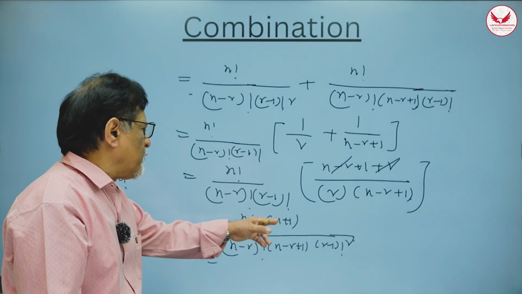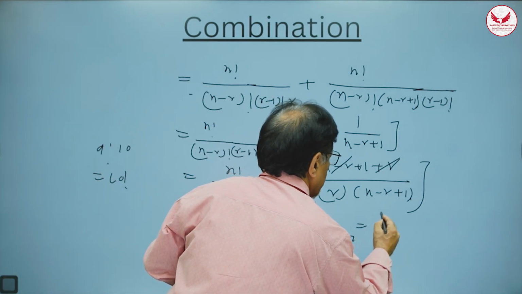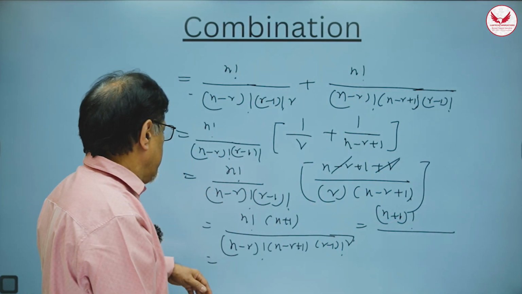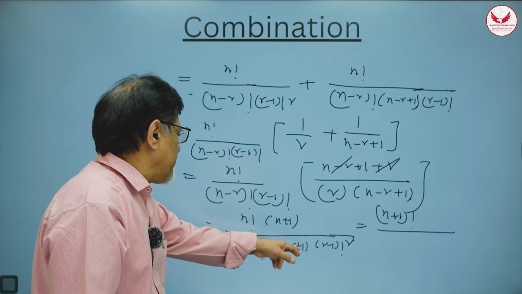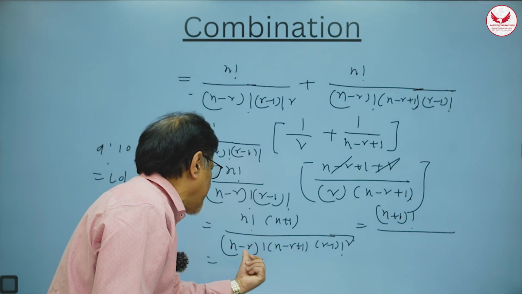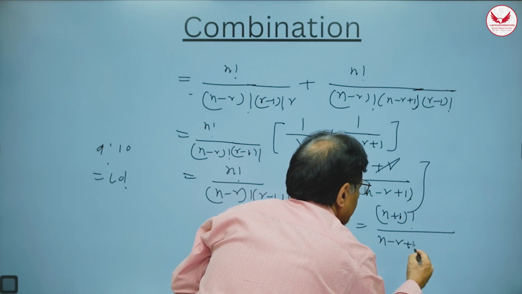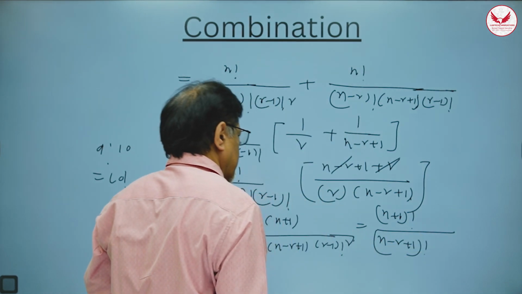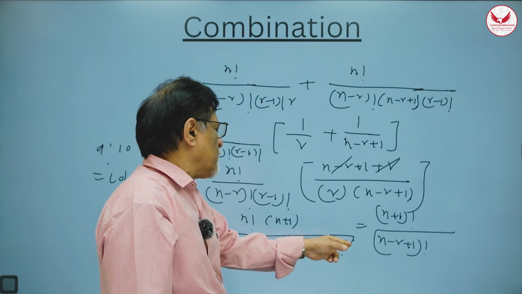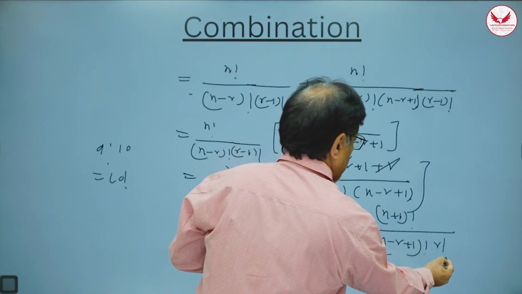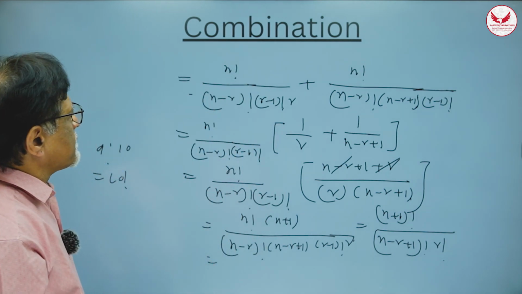So n factorial into (n plus 1) is equal to (n plus 1) factorial divided by (n minus r) multiplied by (n minus r plus 1). So this number is 1 greater than this, so this is the factorial now: (n minus r plus 1) factorial. Right? And (r minus 1) factorial into r gives me r factorial. Correct? So this is r factorial. Okay. So this is LHS.